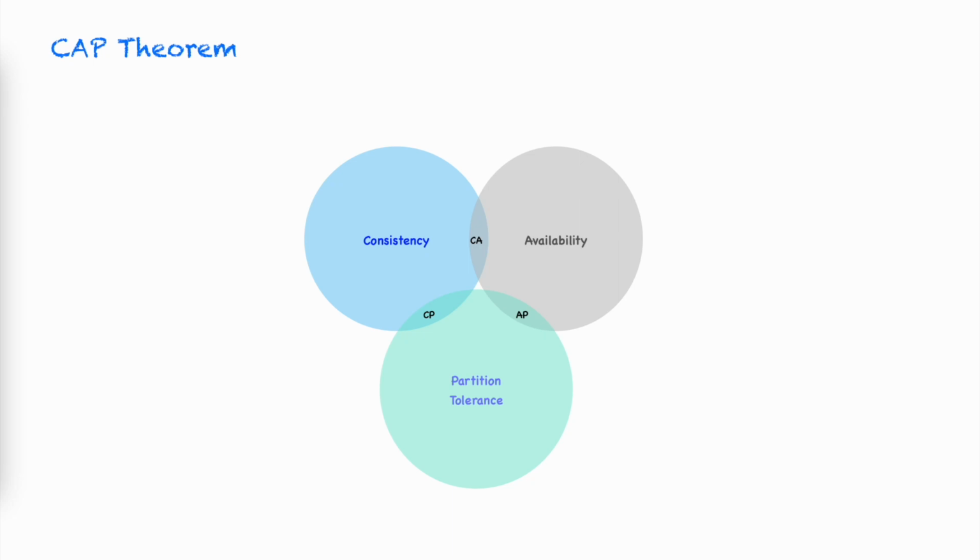So the combination could be consistency plus partition tolerance, or availability plus partition tolerance in the case of a distributed system. That is the reason that most RDBMS or relational databases have consistency and availability as the primary focus, because those mainly use a single server database, right?